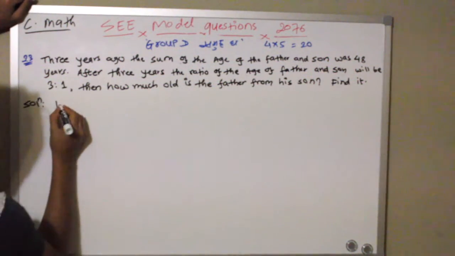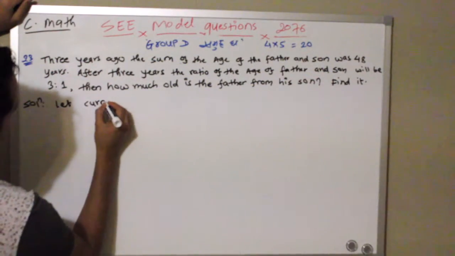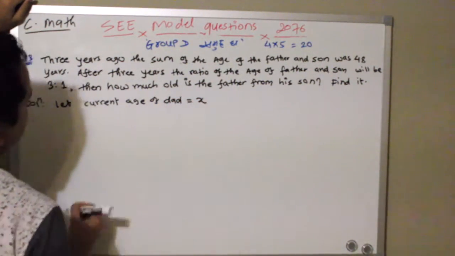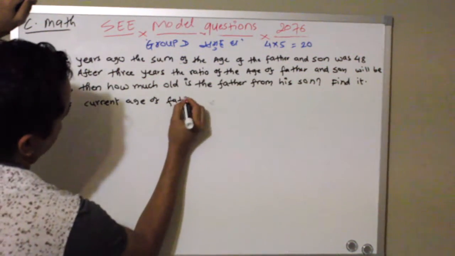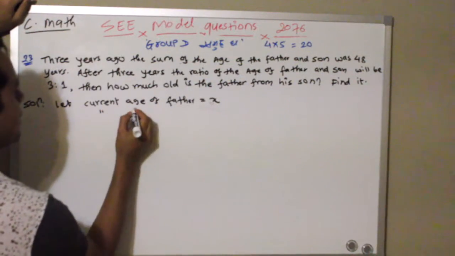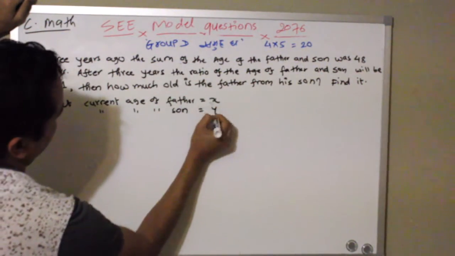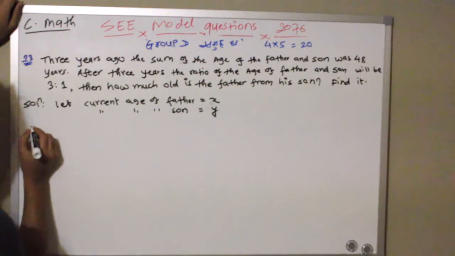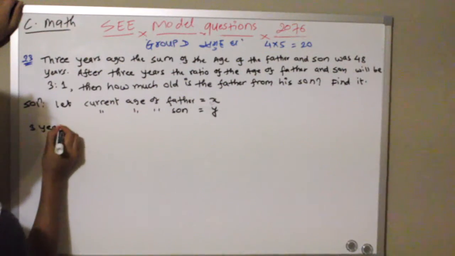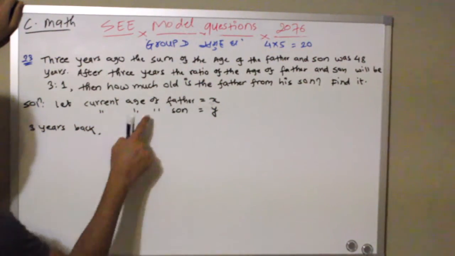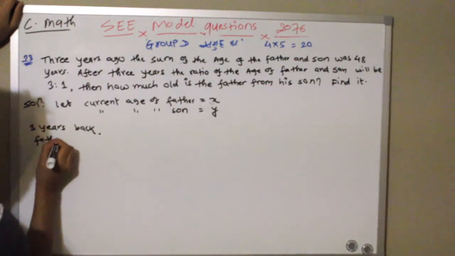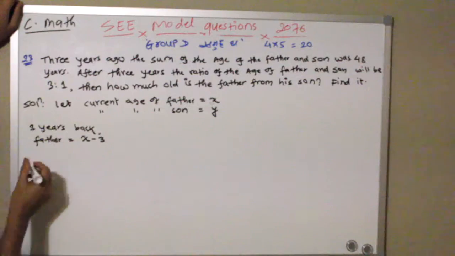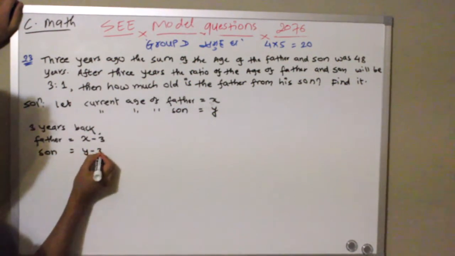Okay, let's solve this. Let the current age of dad, or let's say father, be X, and the current age of son be Y. Then by the question, from the first expression, 3 years back the father was X minus 3, because 3 years back means minus, and the son was Y minus 3.